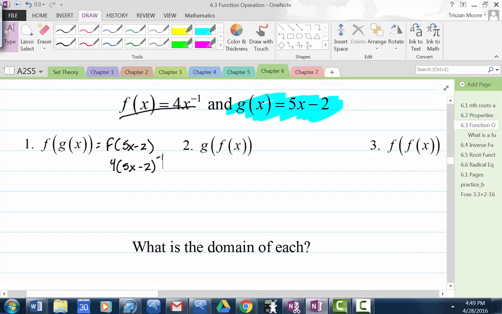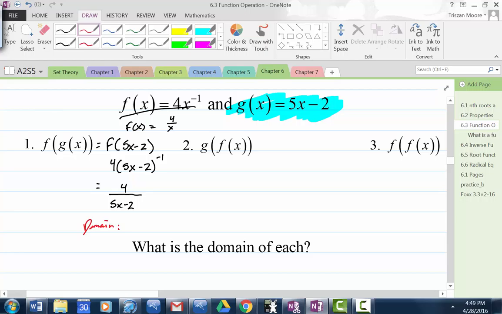And since you have 5x minus 2 to the negative first, it's the same exact thing as 4 over 5x minus 2. Because remember, this is the same exact thing as saying f of x equals 4 over x. And if we're doing f of 5x minus 2, aren't you just going to have 4 over 5x minus 2?